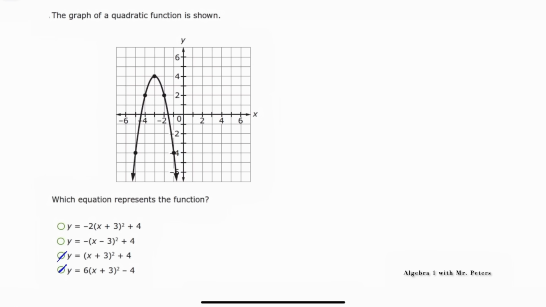Now, the second thing we could do to help determine the correct answer choice is looking at the vertex, which is -3, 4. Now, once we look at both A and B, we should know that if we're going to have a shift to the left of 3, that means what's inside the parentheses should be x plus 3. So our correct answer is going to be answer choice A.